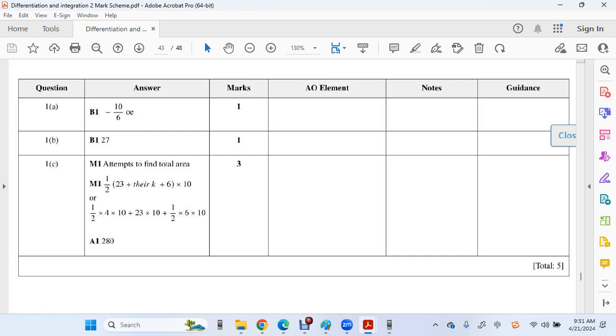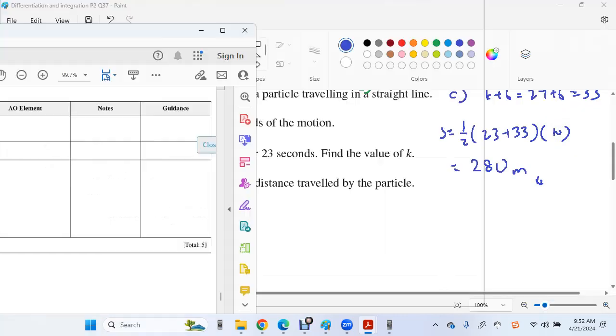The second mark is like what I did just now, half times 23 plus the answer from part B plus 6, times 10. And the final answer is 280. With your two method marks correct, then you can get the answer mark, 280 meters.